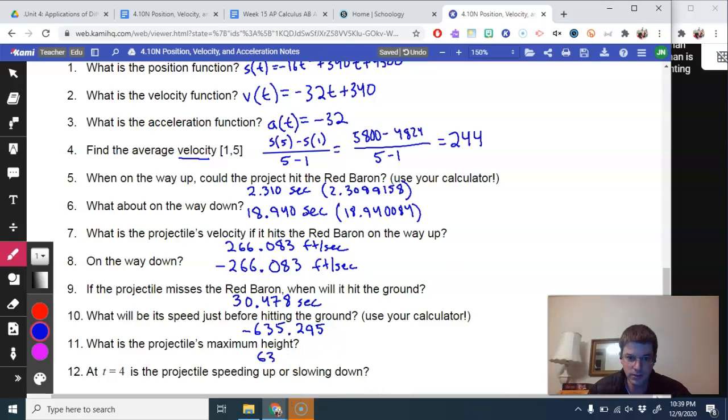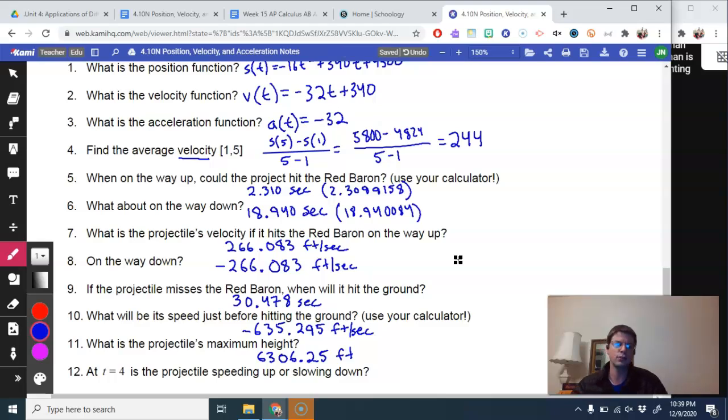And this is one of the reasons that units is very helpful. It can help you catch mistakes like that. 6,306.25. That is feet. And look, I didn't include the units from that last one. That was, what is it, speed just before hitting the ground? That was in feet per second.